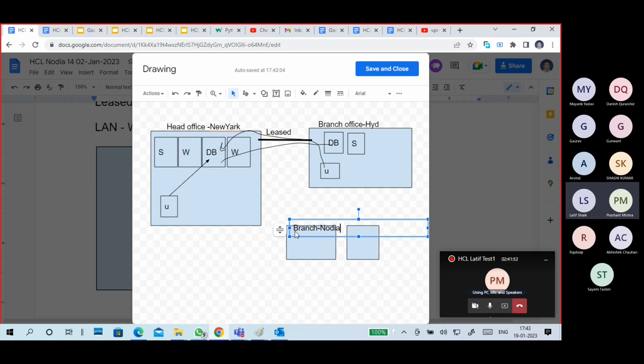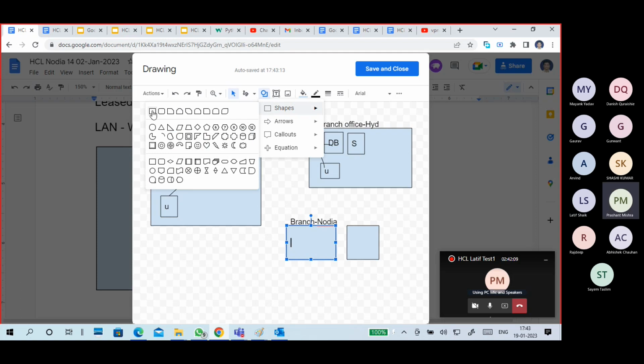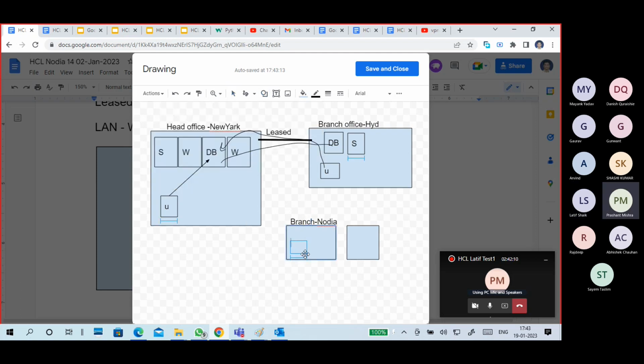For example, Noida. Noida is a small branch office as compared to Hyderabad. Actually, I can take the Pune example. Here I have a user, and again I have a user, and this user needs to connect.